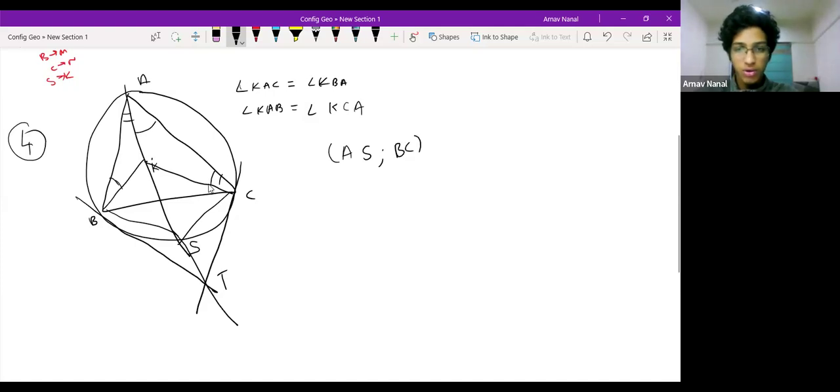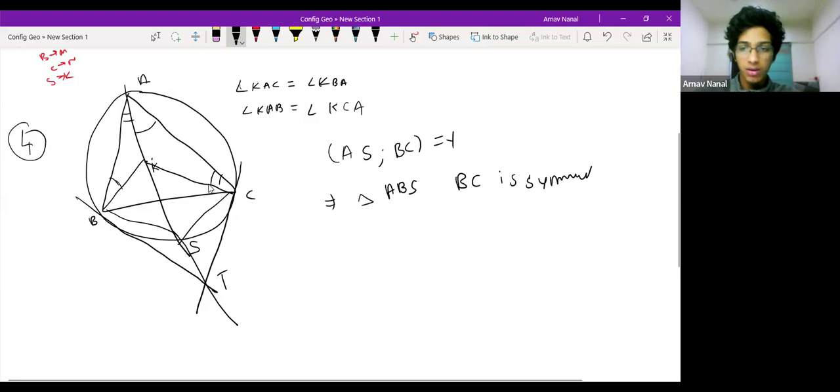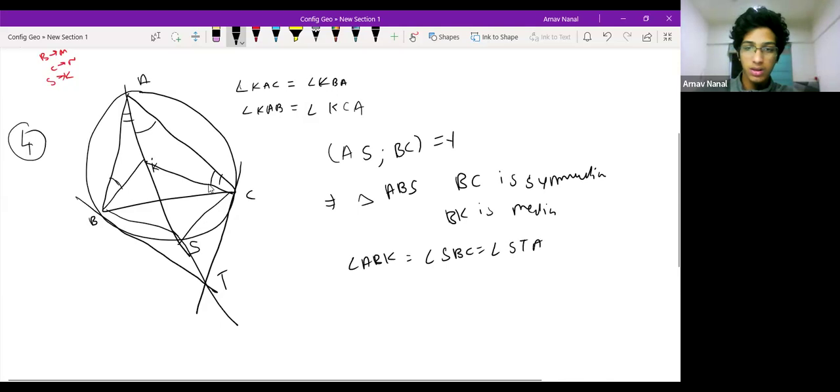So you have it's equal to -1. So in triangle ABS, BC is median and BK is median. So angle ABK equals angle SBC equals angle SAC.